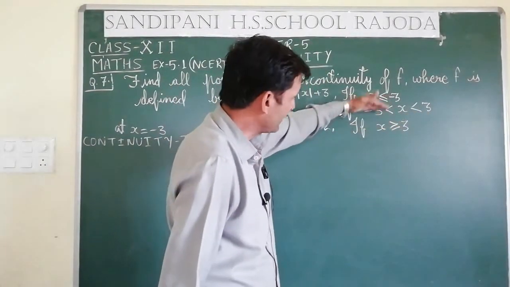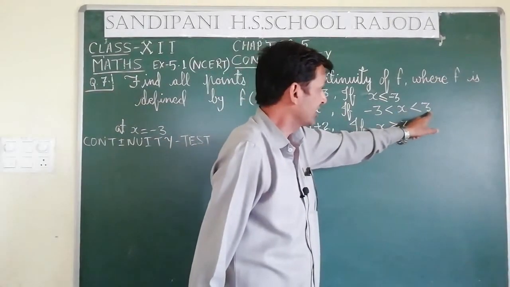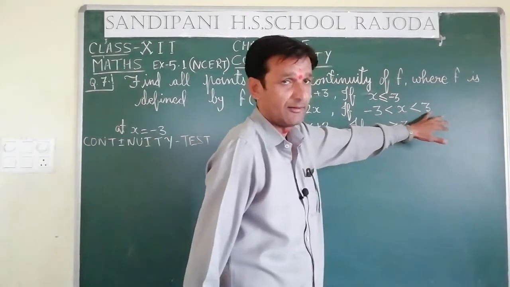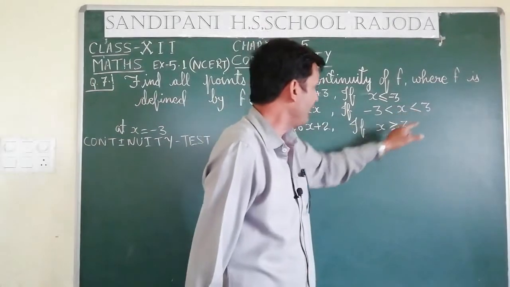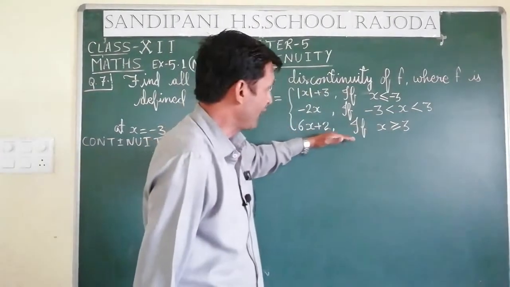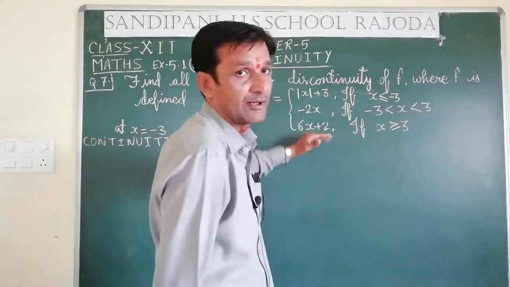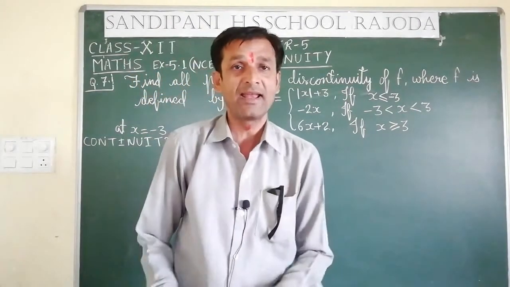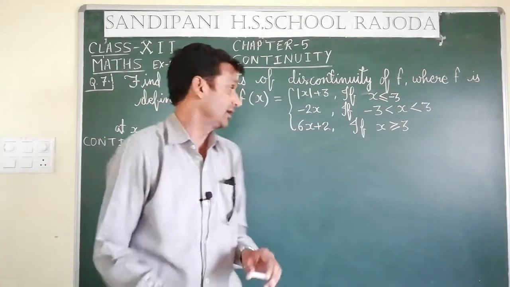For 3 minus, meaning LHL of 3, it is this part, minus 2x. F of 3 is this part, 6x plus 2, and f of 3 plus, meaning greater than 3, is also this part. So we have to discuss the continuity at 2 points, at minus 3 and at 3.